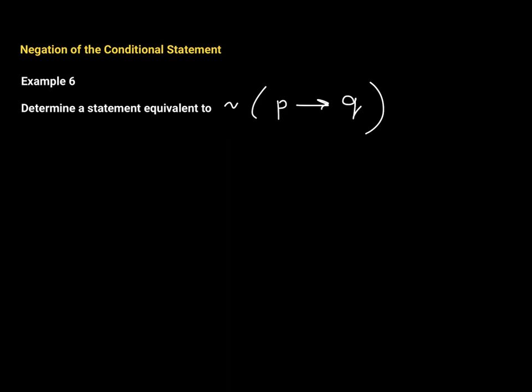Now, this next example really has us exploring how we negate a conditional statement. We're going to use one of De Morgan's laws to do this.